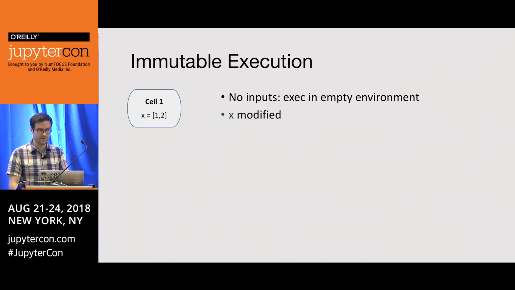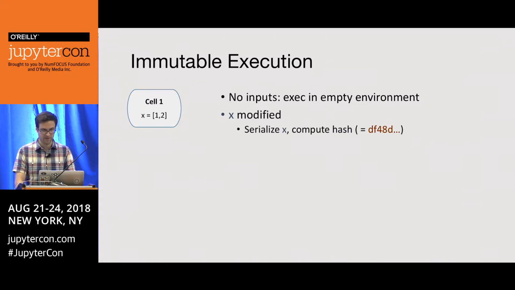I'm able to tell this because I'm serializing the environment pre and post cell execution. So I can tell that the value stored in x after execution doesn't match what was in x before execution. In this case, trivially so, because x didn't exist before execution. So I know x is modified.